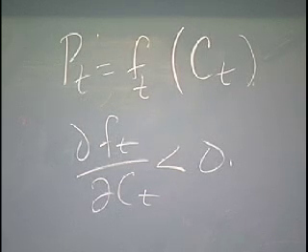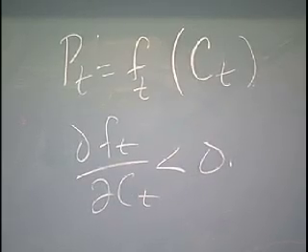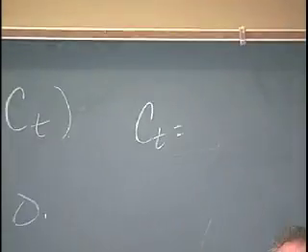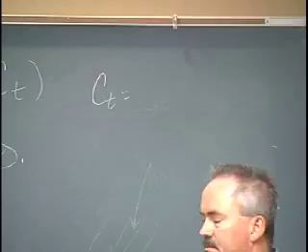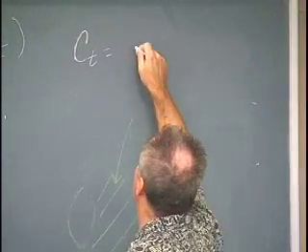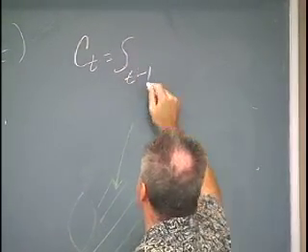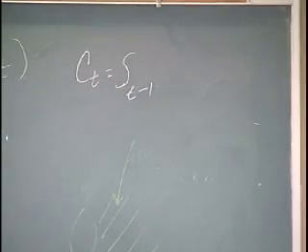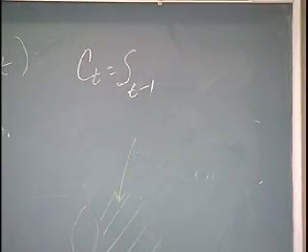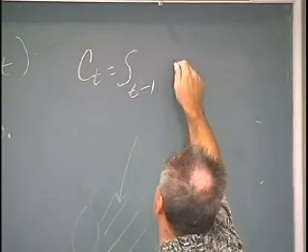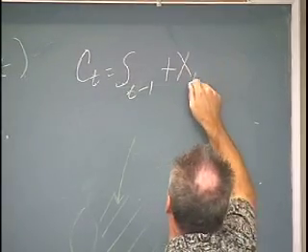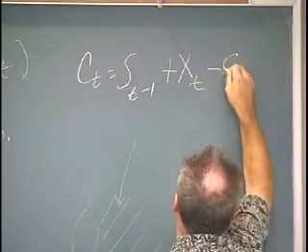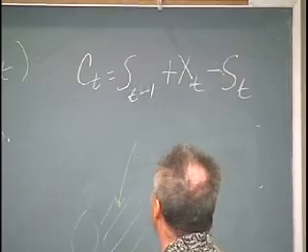We also know that consumption in this period is equal to stocks coming in. So stocks coming in will equal stocks that were carried from the previous period, S sub t minus 1, plus production, X sub t, minus stocks carried out.